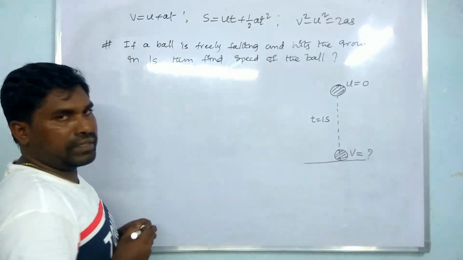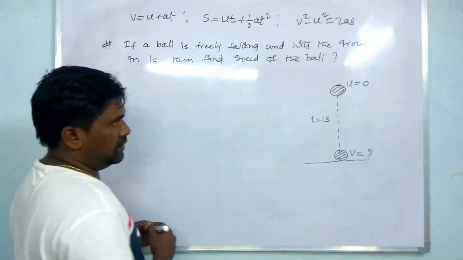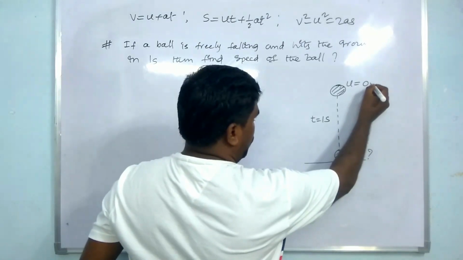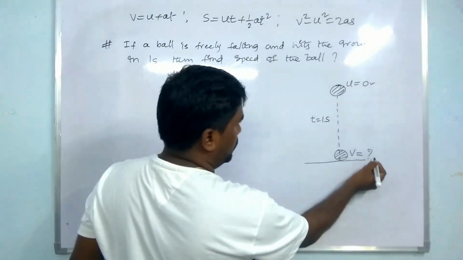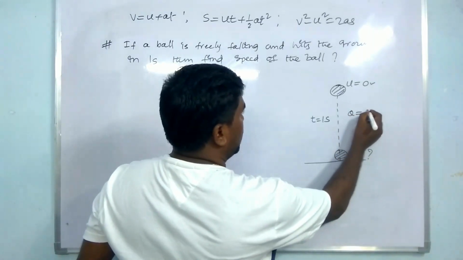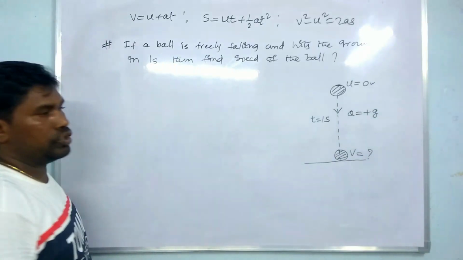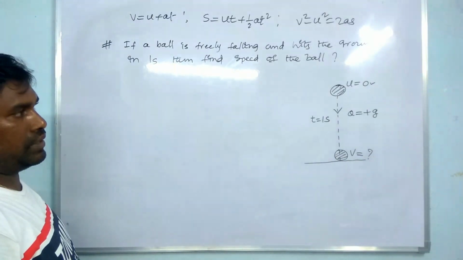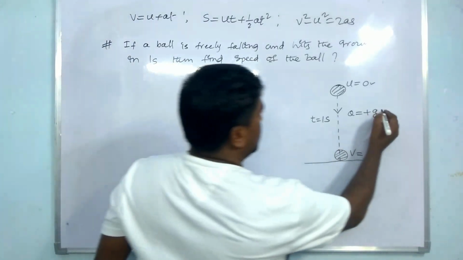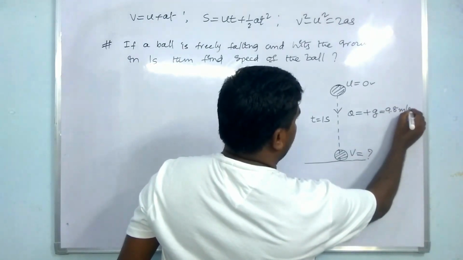Is there any acceleration? Yes, there is an acceleration, because the velocity starts from 0 and becomes some velocity. The velocity changes, so the acceleration is there. What is the acceleration? It is positive acceleration, that is plus g, which is nearly 9.8 meter per second square.